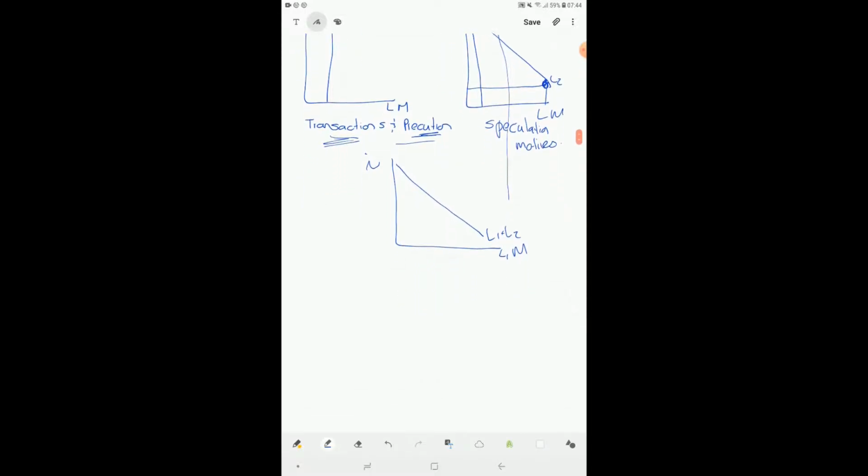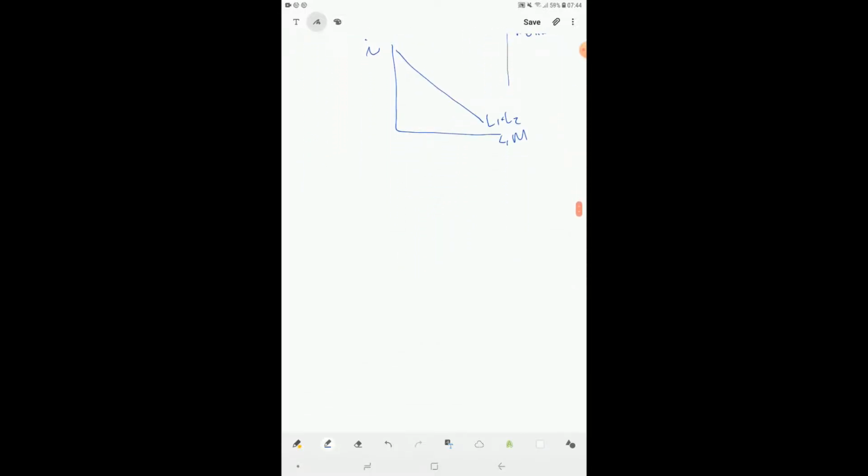Okay, so now we can look at money supply. Now, money supply is also fixed horizontally. So let me show you. You have interest rate, and then you have your quantity of money, you have your money demand, and then you have your money supply.